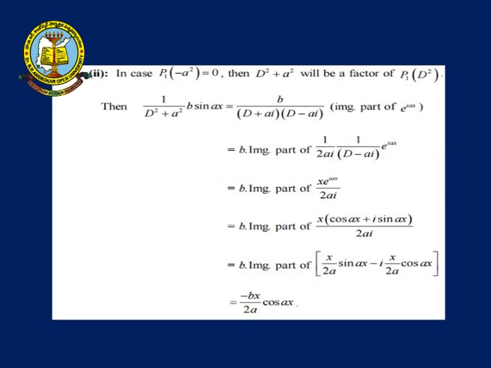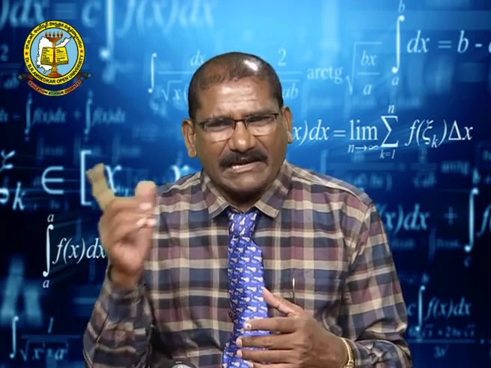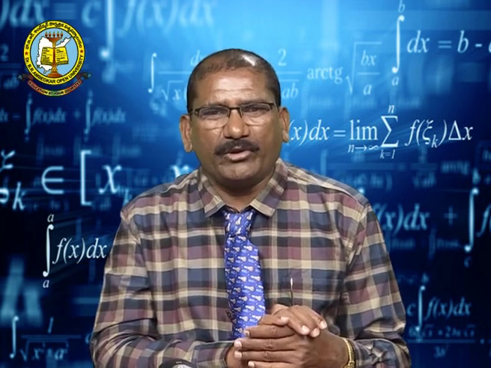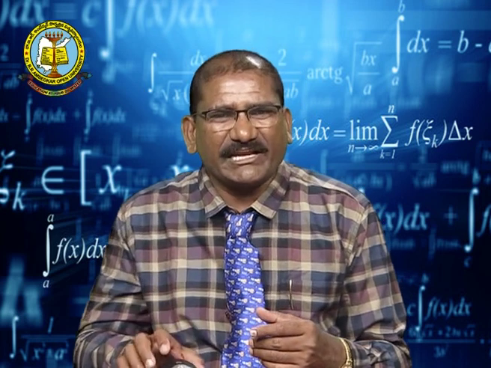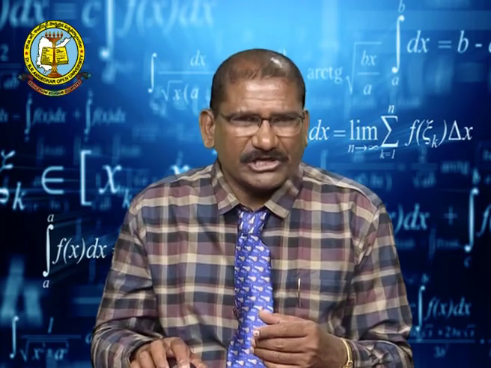The imaginary part is the second term, so that it is minus x by 2a into cos ax. The i coefficient is the imaginary term. So the constant minus b will be there, and the imaginary part is minus x by 2a into cos ax. Whenever sin ax is there, we use minus x by 2a into cos ax. This is the form whenever it is equal to 0.